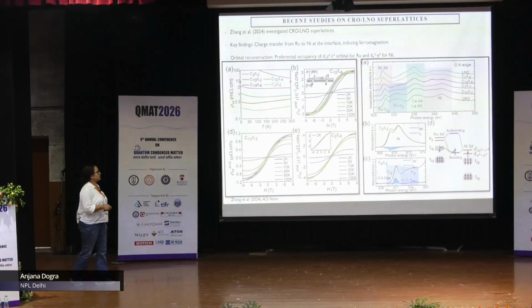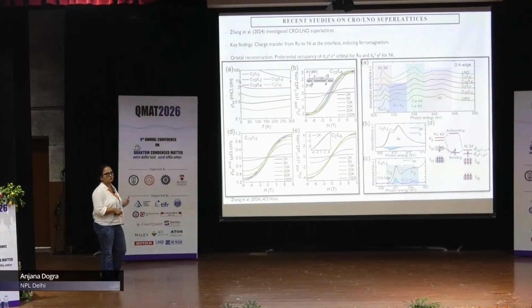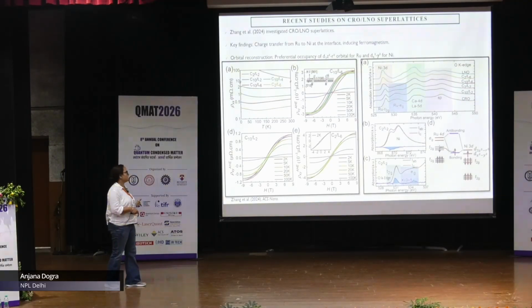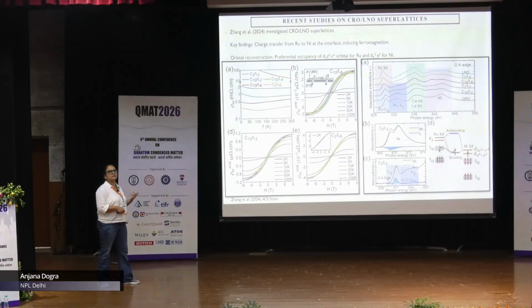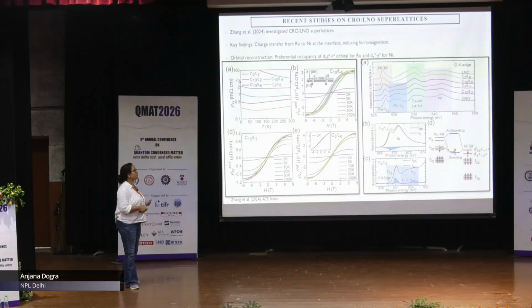Okay. So, you can see how we can correlate these hysteresis loops, because they are also showing a kind of induced ferromagnetism in these structures. They have correlated this to the change in hybridization. Hybridization of what? Ru, because ruthenium is there.